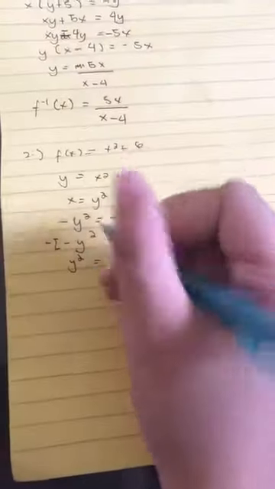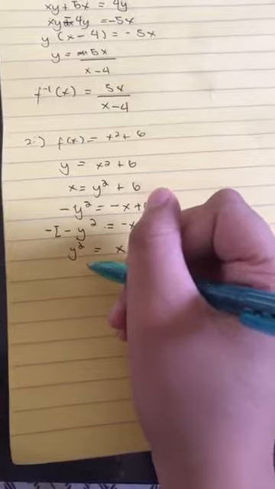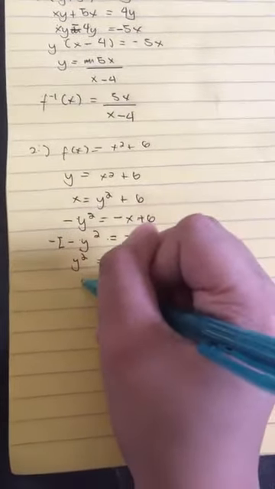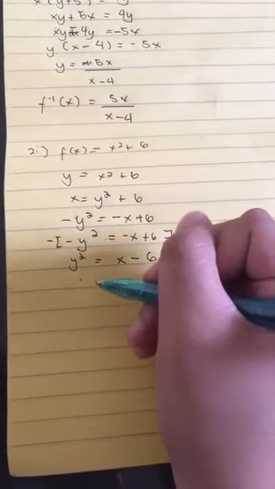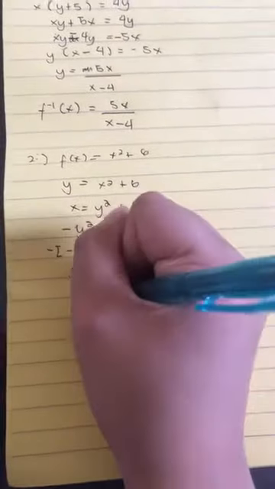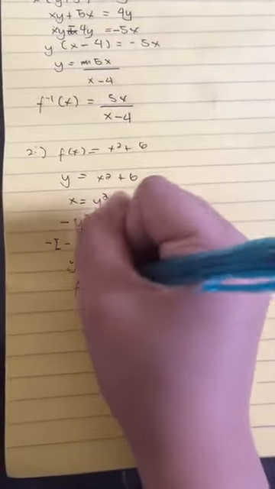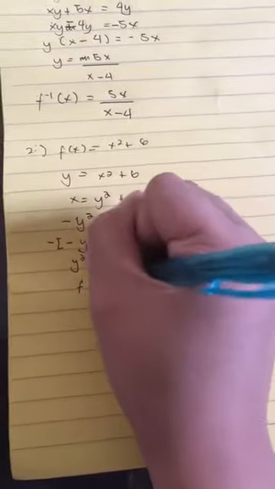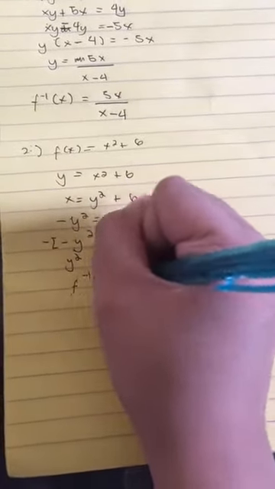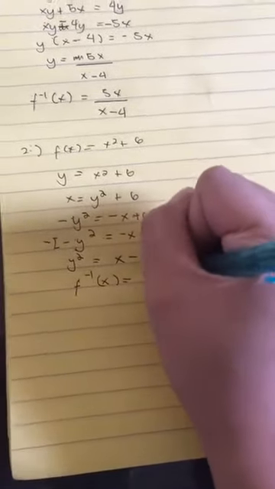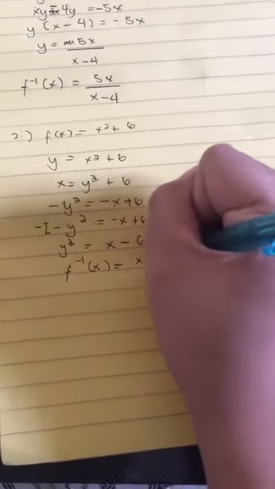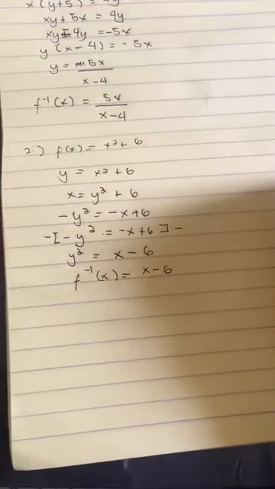So now after that, we are going to replace y by f inverse of x. So we have f inverse of x equals the square root of x minus 6.